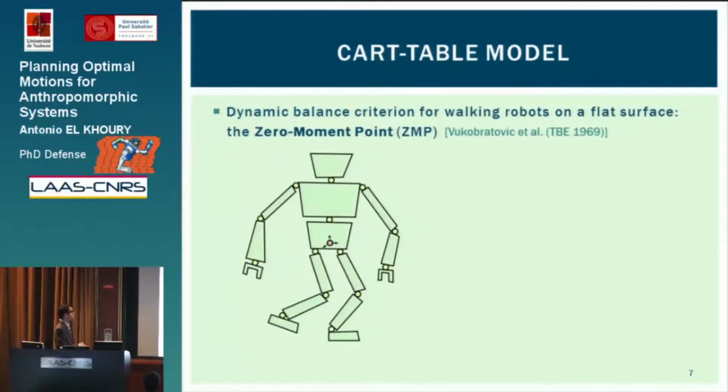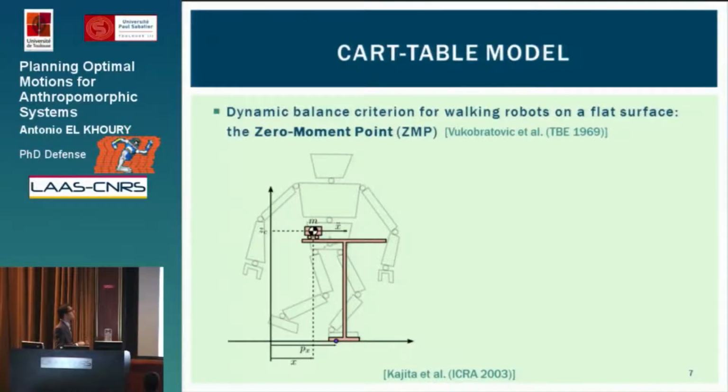Now, if you consider the whole robot, and if you want to compute its ZMP, the ZMP is rather difficult to control. So, for the case of walking robots, we consider a reduced dynamic model, which can still grasp a large part of the dynamics, which is called the cart table model. So it consists in concentrating all the mass of the robot in a point. So we consider a point mass that is represented here by a cart that is moving horizontally at a constant height on a table.